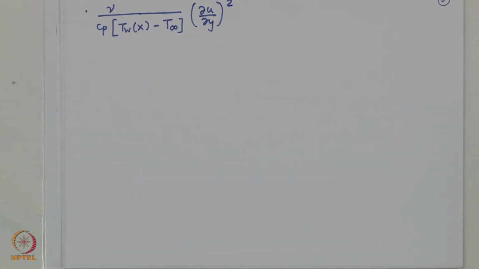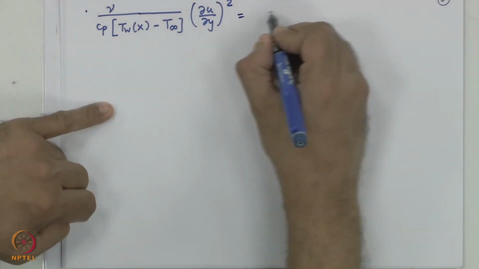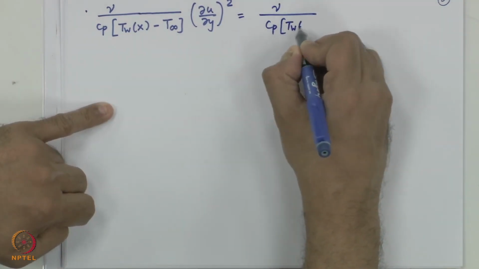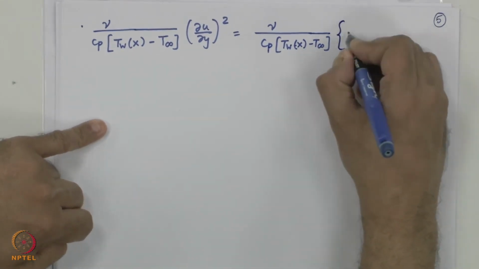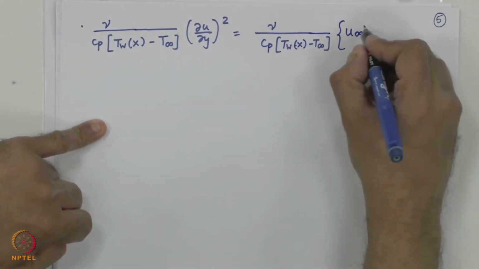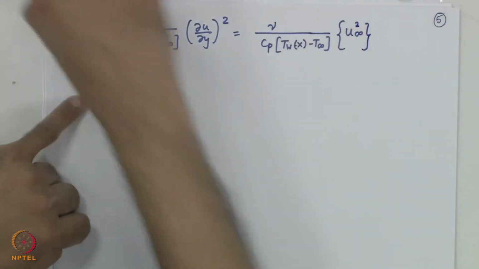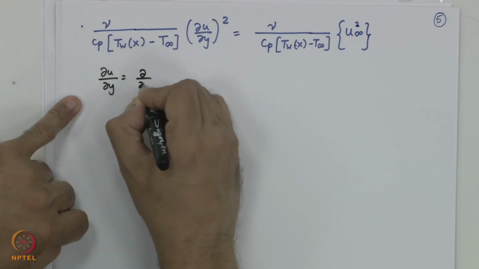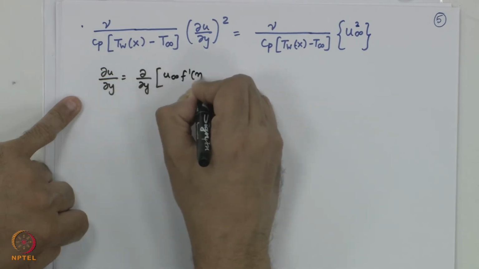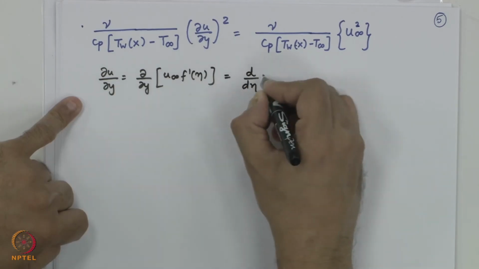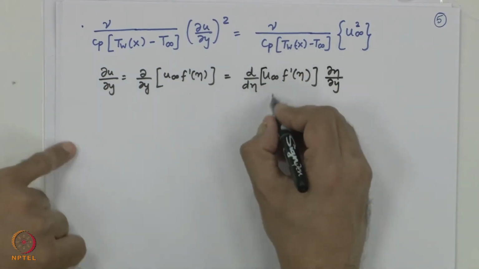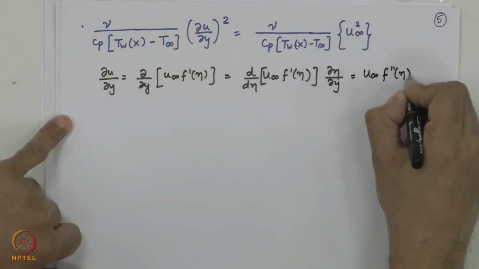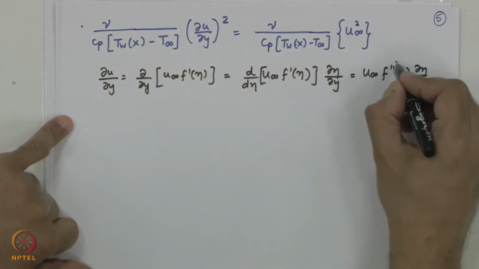Let me work this out. du/dy is d/dy of u∞ f'(η), which is d/dη of u∞ f'(η) times dη/dy. u∞ is only a function of x, so it comes out like this: u∞ f''(η) dη/dy. I'll write it separately, that's easier. This is what I am going to substitute.